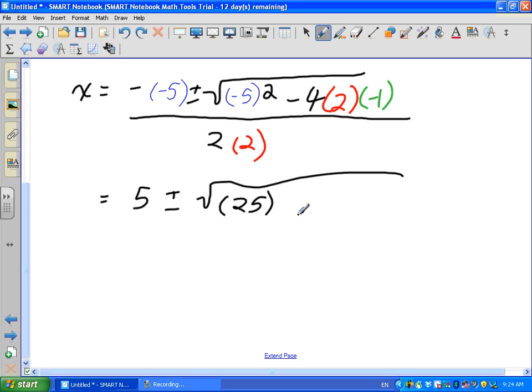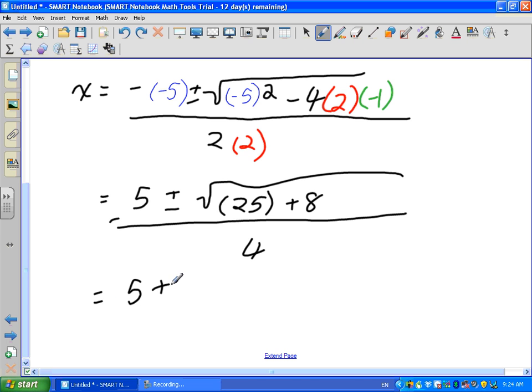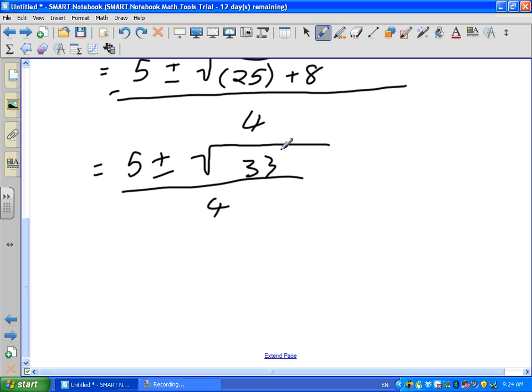Negative 8 times negative 1 is positive 8. So plus 8. All above 4. We'll continue going. 5 plus or minus the root of 33 over 4. So we've now come to a root where we don't get an even whole number.